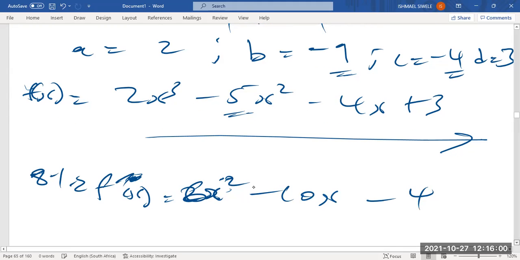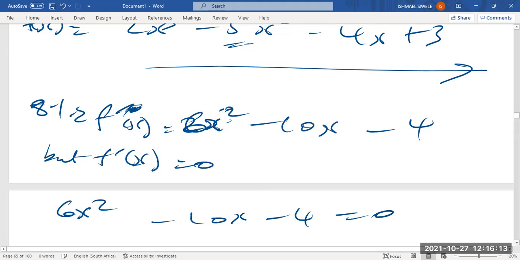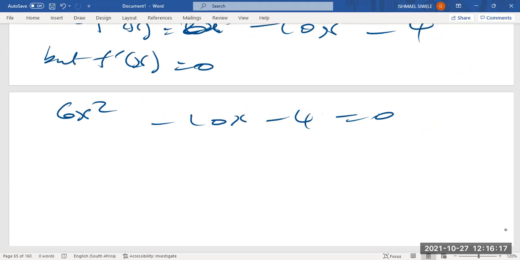And f prime of x equals 0, so 6x squared minus 10x minus 4 equals 0. Let's factor out the common number first, which is 2: 3x squared minus 5x minus 2 equals 0, right?